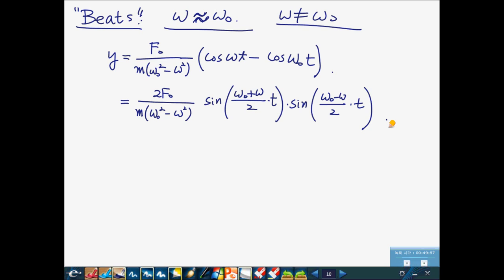Okay? You can convert it to sine, right? I'm not going to do this derivation, but you can easily accept this, right? Then what's going to happen is this.